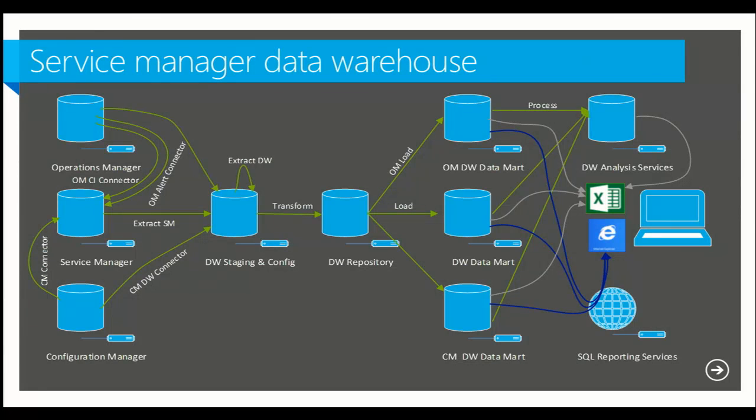On the left-hand side, we have the Operation Manager database, the Service Manager database, and the Configuration Manager database. And 9 out of 10 times we want a report that is a combination of that information. So Service Manager has a data warehouse, and we want to import this data into the data warehouse.